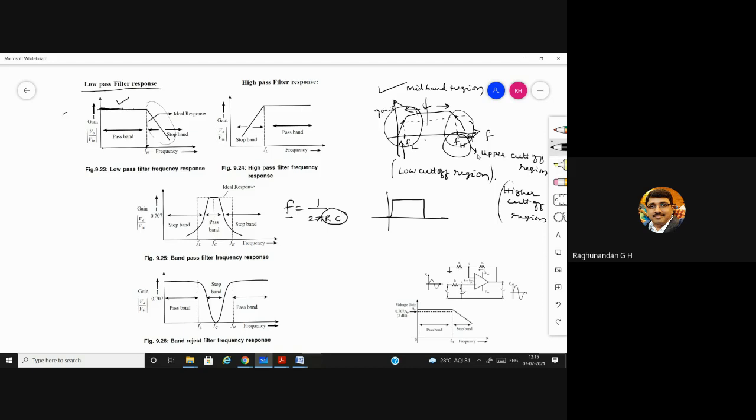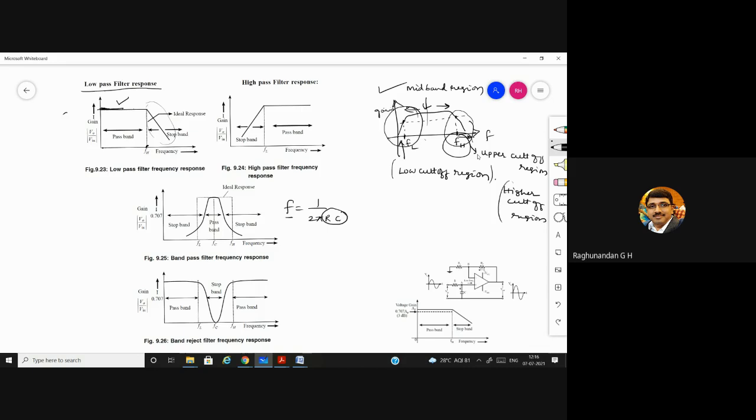Ideally, whenever it crosses the lower cutoff frequency, there would be a sudden increase in the gain, and whenever it reaches the upper cutoff frequency, it would suddenly decrease the gain. But this will not happen practically. It takes some time, because of the reverse recovery time problem and all those things. It takes some time to come back to its normal state. So for that purpose, instead of a rectangular wave, we are going to have a slope like this.